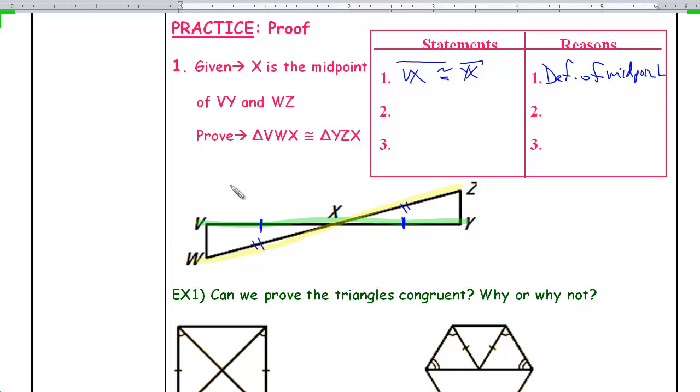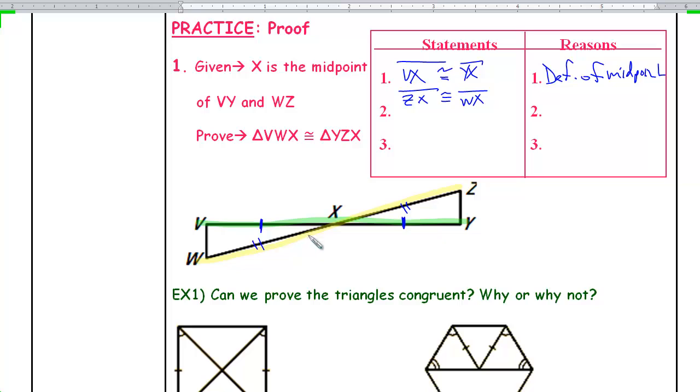So because I have a segment VY and X is in the middle, VX and YX is the definition of a midpoint. Now I also have the same thing going on here, and I could list that probably within the same thing. We'll just list it under here, number 1, segment ZX equals segment WX. Still with definition of a midpoint there, so we're just going to list that all in number 1.